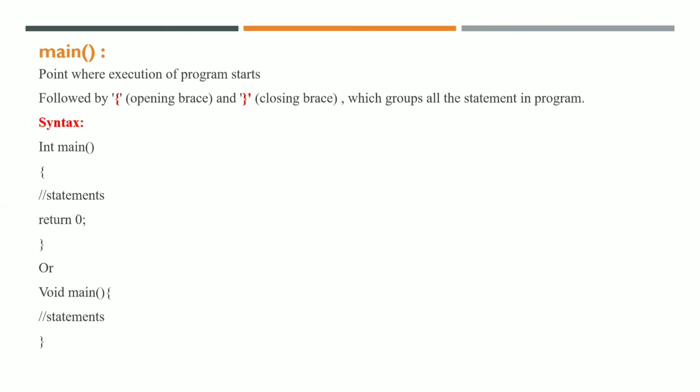After statements, if we use int main, then we should return something from the program. The compiler will expect a returning value from the function as we have used int main. So we'll use the return 0 statement, then a closing brace. If we use void main, void means nothing, so the compiler will not expect any value to return from the program.